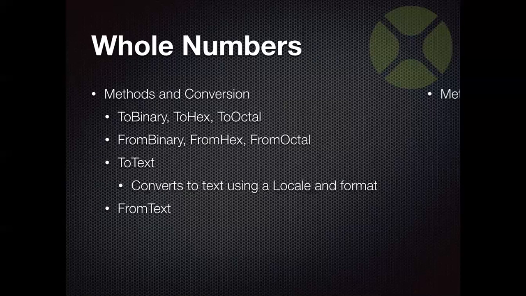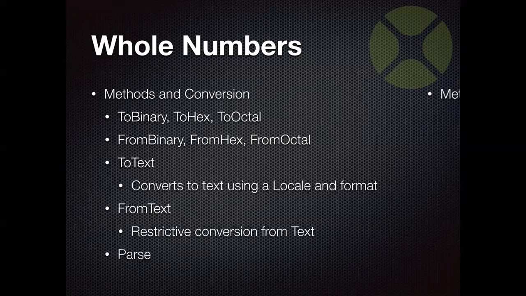There's also fromText to go kind of the opposite direction. You have essentially some text that contains a number, and you want to convert it to an actual number type, so that it then is treated as a number and will work with arithmetic and databases and that sort of thing. And this is a restrictive conversion from text. So if you have text that doesn't actually contain a number and you try to convert it into a number, well, that's not going to work. You'll get an exception. If you do have situations where you want a little bit more flexibility, you can use the parse method.